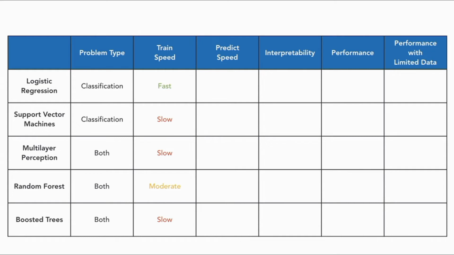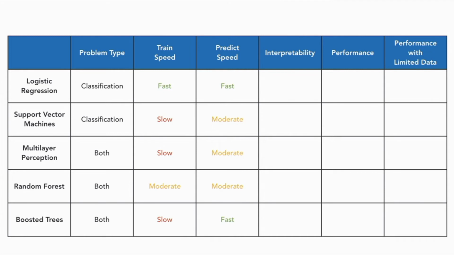Training speed. This is particularly important. If you have a lot of data or you have compute restrictions, in those cases, training speed can be prohibitive. Random forest is relatively fast. And the other 3 are really quite slow, with SVM probably being the slowest. This also will depend on the hyperparameter settings for each algorithm.